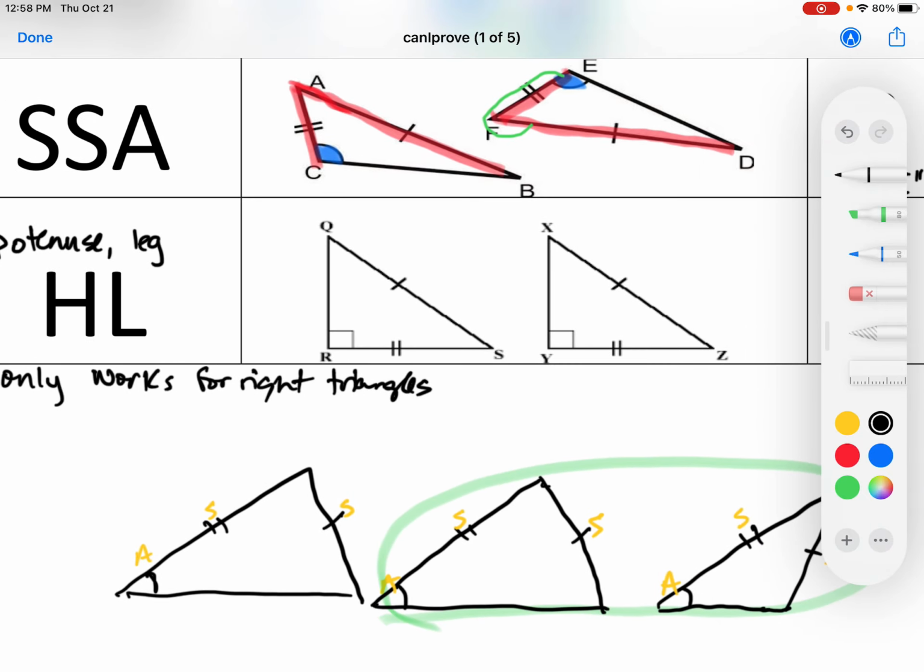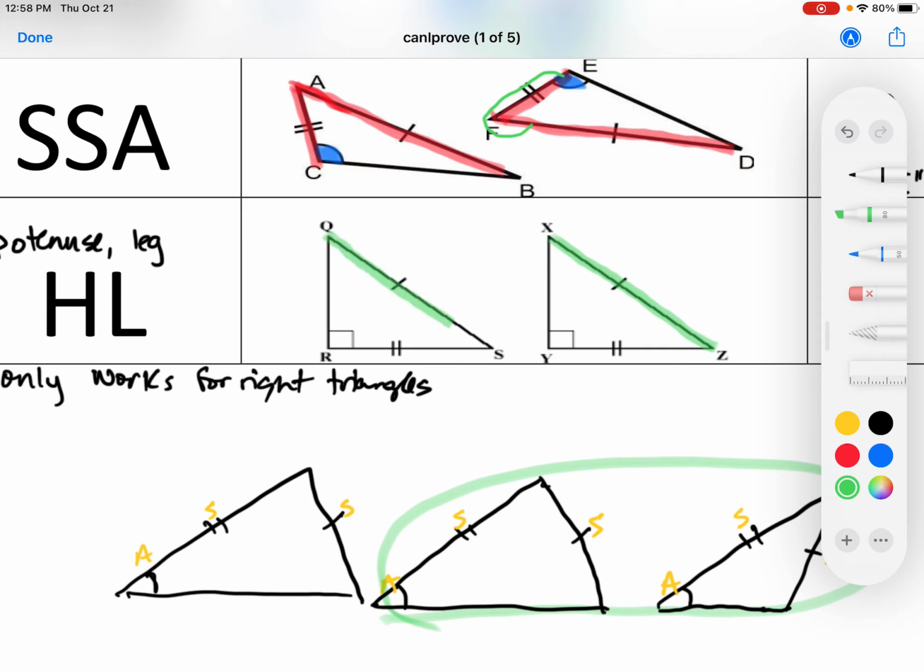Okay, let's talk about what it is first, okay? The hypotenuse, this is a word you've heard before, somewhere back in middle school math. You learned what the hypotenuse of a right triangle was. That is the longest side, and it's the side that is not touching the right angle, okay? So the hypotenuse is this part right here that I'm highlighting in green.